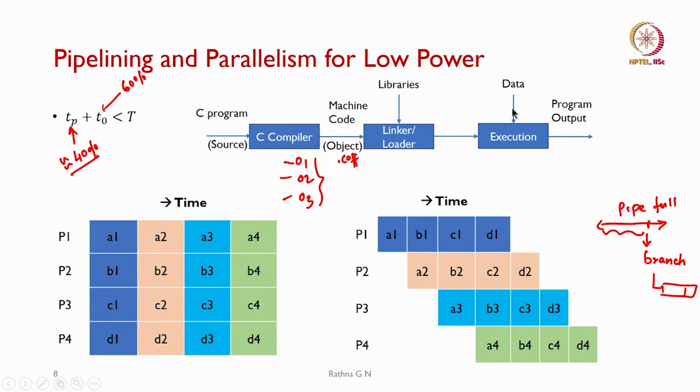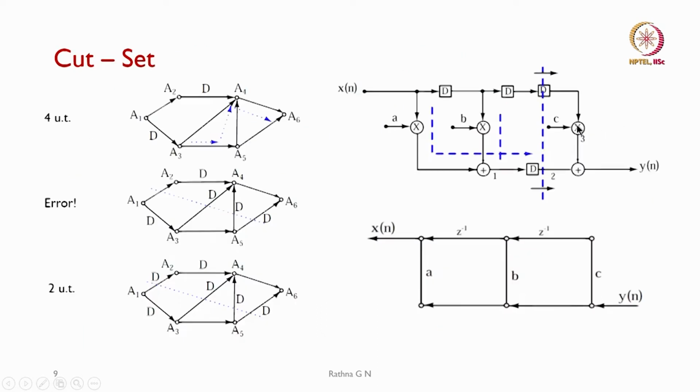Input data is given from the codec if we are considering real time. If it is non real time, it can be stored in memory and then used. If we are working in real time, output goes out of the board, or you can store it in memory for further usage.